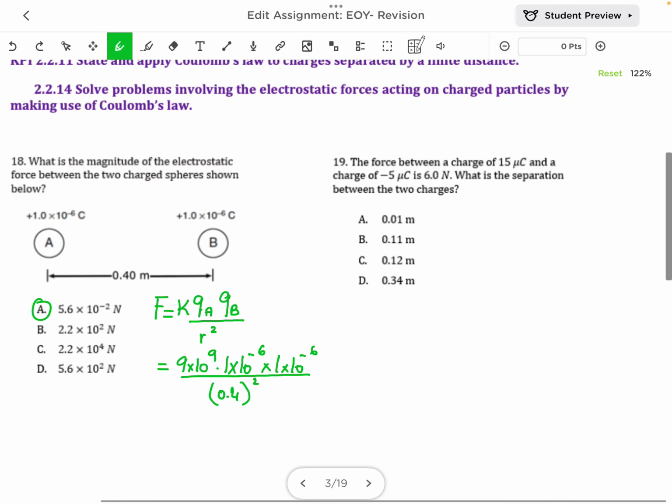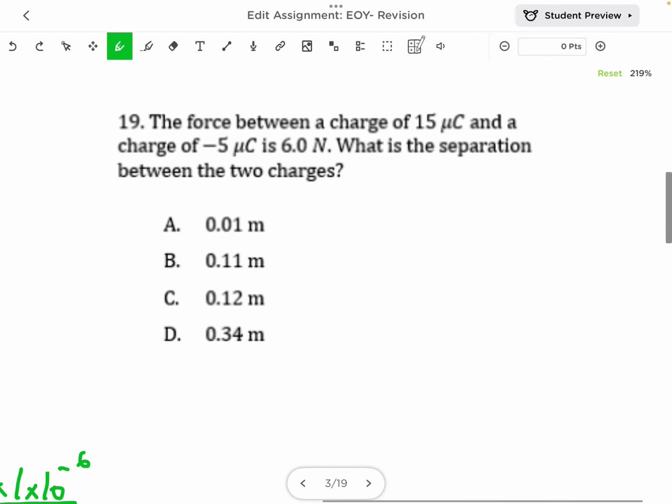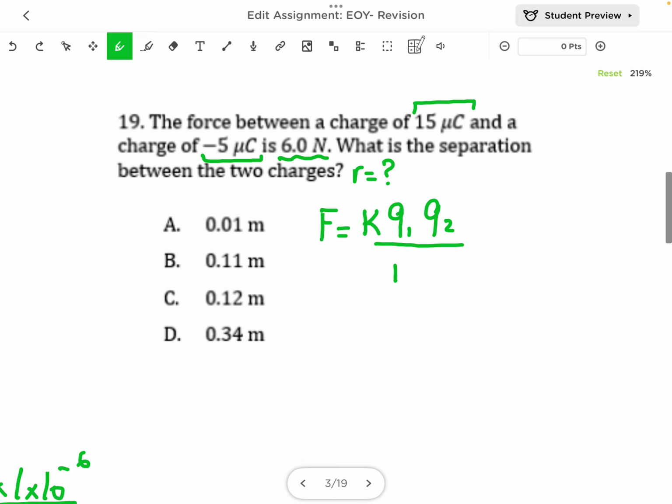Then question number 19. The force between a charge of 15 microcoulomb and a charge of negative 5 microcoulomb. This time I do have the force. What is the separation between the charges? I need R. So this time F equals k Q1 Q2 over the distance squared.